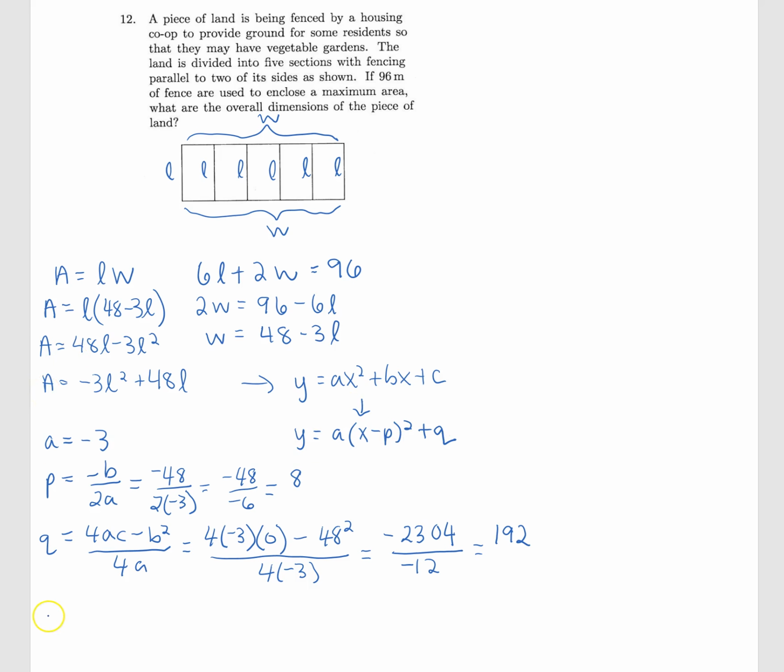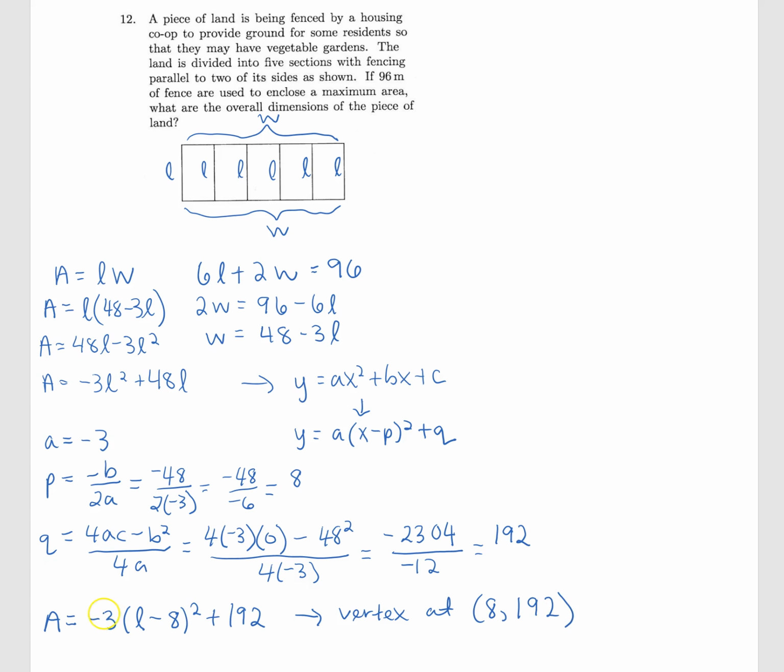And so now we have our values for A, P, and Q, and we can rewrite this function in this form. And so doing that here gives us big A area is equal to -3 times L minus 8 squared plus 192. And so looking at this equation here, this tells us that the vertex of our function is at 8, x equals 8, y equals 192.